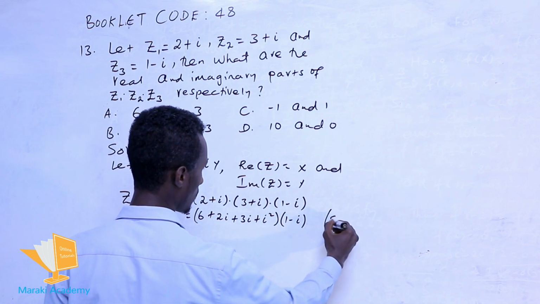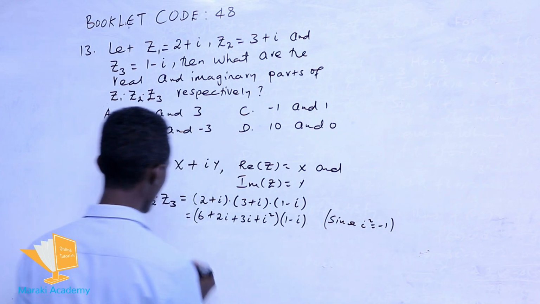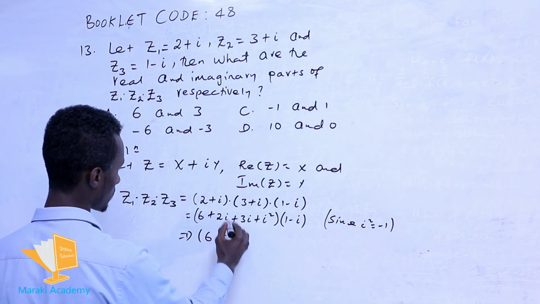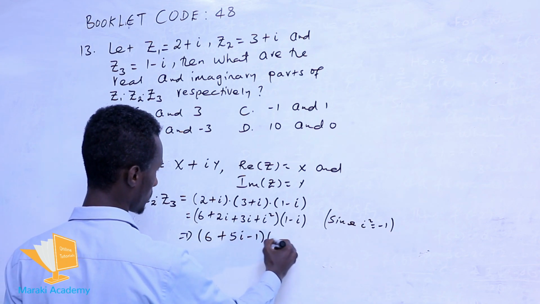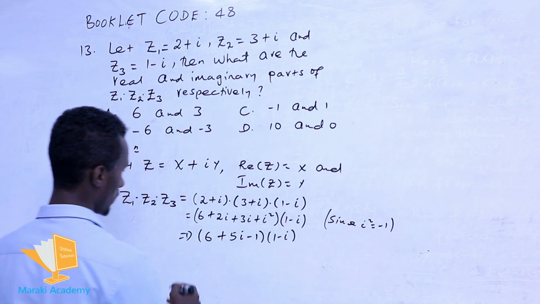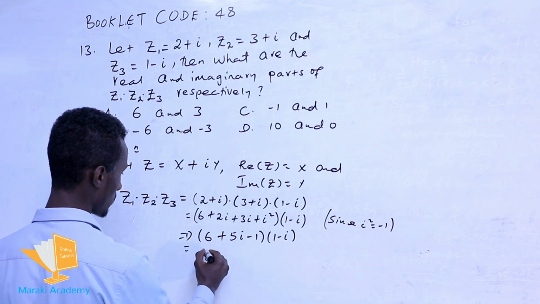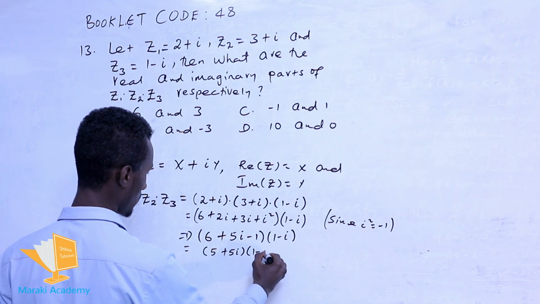Since i squared is minus 1, this implies 6 plus 5i minus 1, into 1 minus i. Therefore, 6 minus 1 is 5, plus 5i, times 1 minus i.